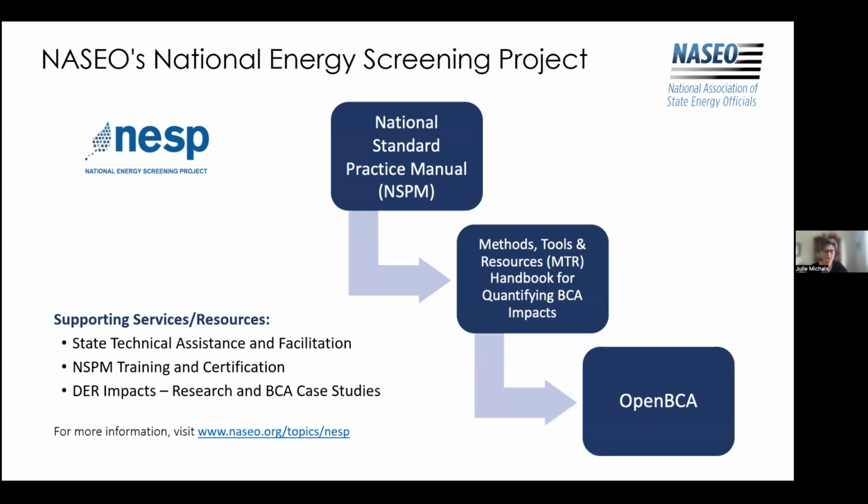It moved over from E for the Future back in January of this year. And importantly, for context for learning about the OpenBCA is understanding the core areas of what is the National Energy Screening Project. And some of you may be familiar with the National Standard Practice Manual, which provides guidance on how to develop benefit cost analysis tests or cost effectiveness tests.